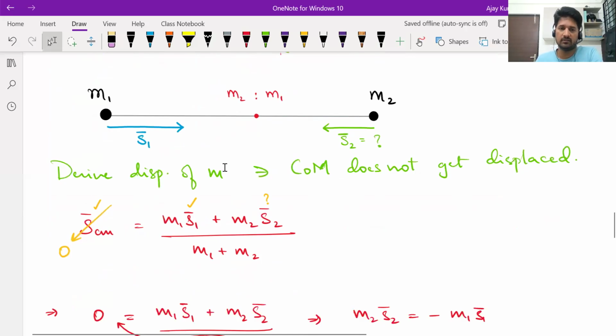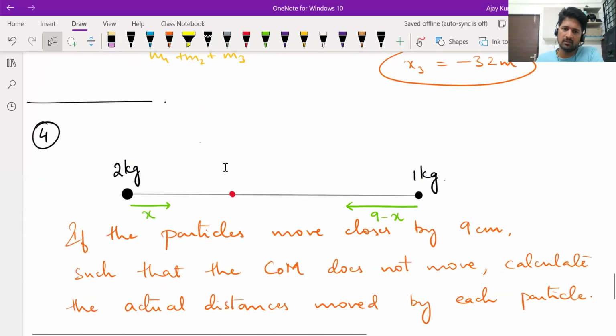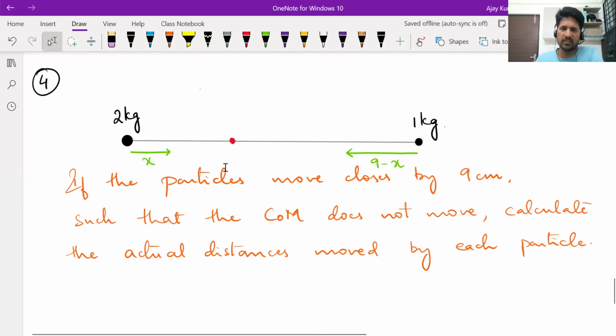We derived that. S1 by S2 should be m2 by m1. Totally, they should come closer by 9 centimeters. So that 9 has to be split in the ratio 1:2. So 3 centimeters on this side, 6 centimeters on this side. Simple.